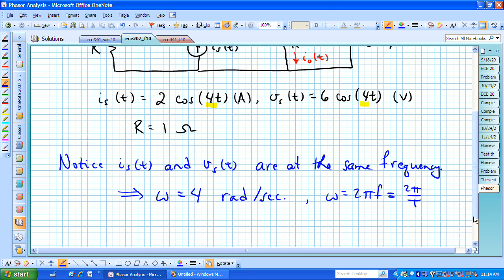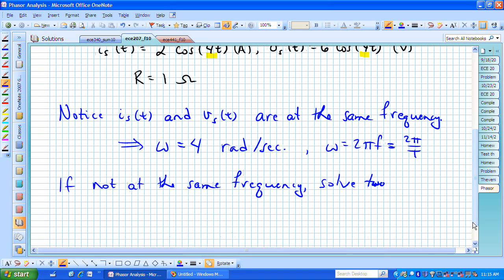If those sources were not at the same frequency, then we would need to treat each source individually, or we would need to solve two separate circuits using the concept of superposition.